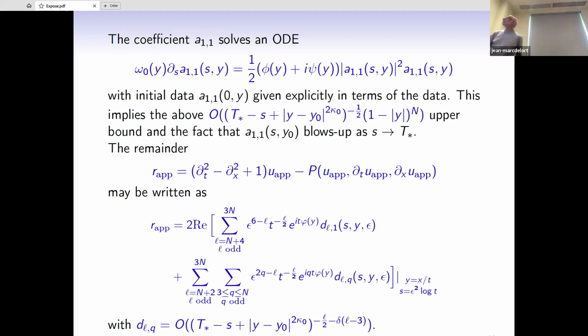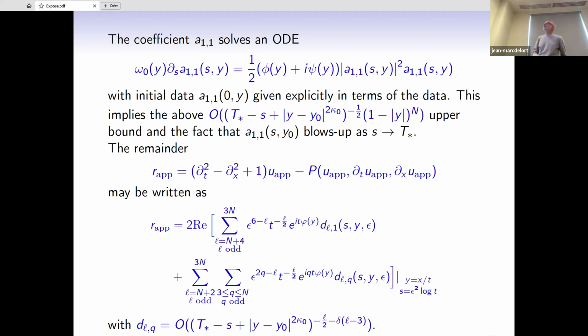And so because each of these terms is smaller and smaller when L increases, this R will be essentially as small as you want when you are at a time smaller than the T epsilon that I introduced before.